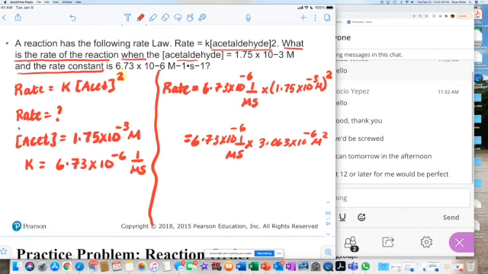So I take the second number, multiply by 6.73, exponent negative 6 to the right, and I end up with 2.06 times 10 to the power negative 11 for my rate, okay?